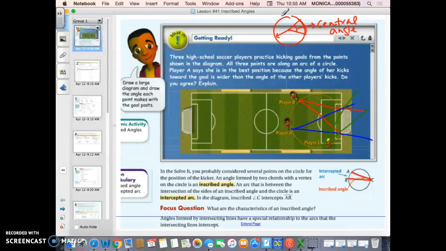Then we call this the intercepted arc, the arc created by that angle. In this blue diagram, the intercepted arc would be right here. For the red, the intercepted arc is right here. They look almost equal, so we're going to think about that as we move forward.